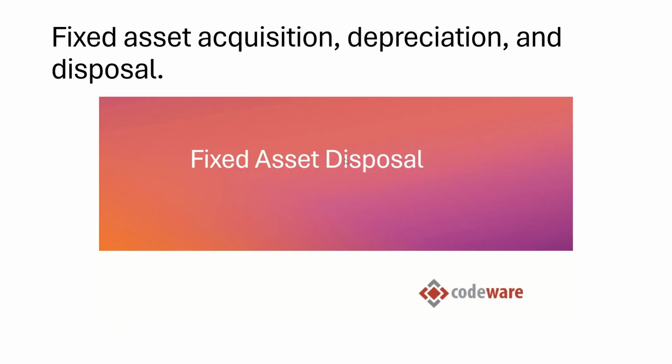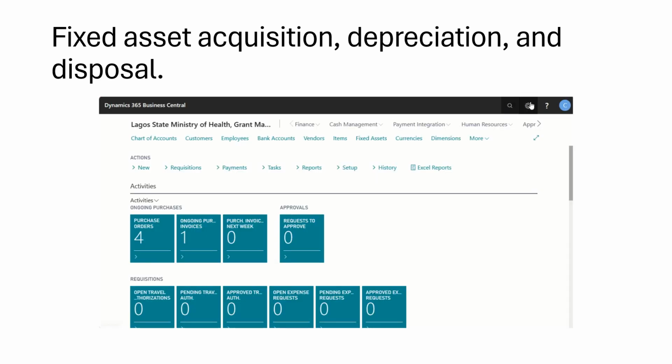Now let's move on to fixed asset disposal in Business Central. So we use the same fixed asset GL journal to post disposal for fixed assets.